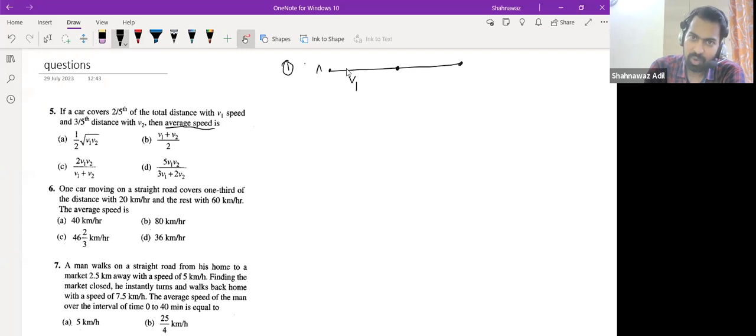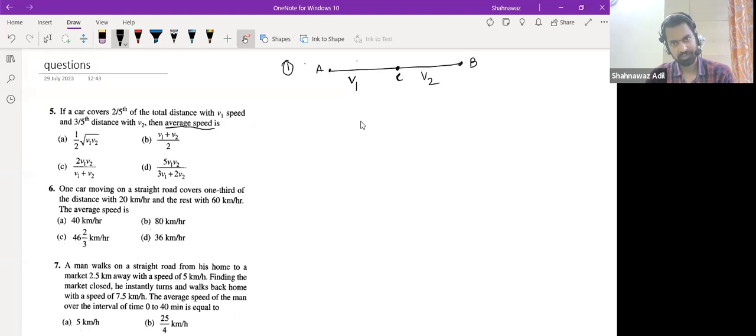This is A point, this is B point, and this is C point. So it covers half the distance with v1 velocity and half the distance with v2 velocity. So these distances are half, which means that AC and CB are what?